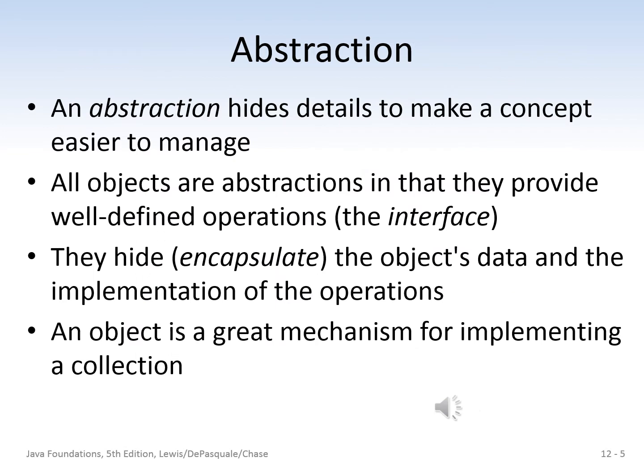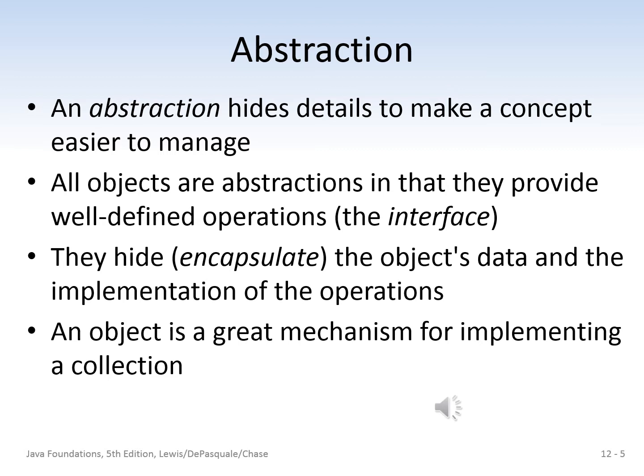An abstraction hides the details of implementation to make a concept easier to manage. And we've talked about a stack briefly, last in, first out. There are many ways to implement a stack so that it follows LIFO protocol.